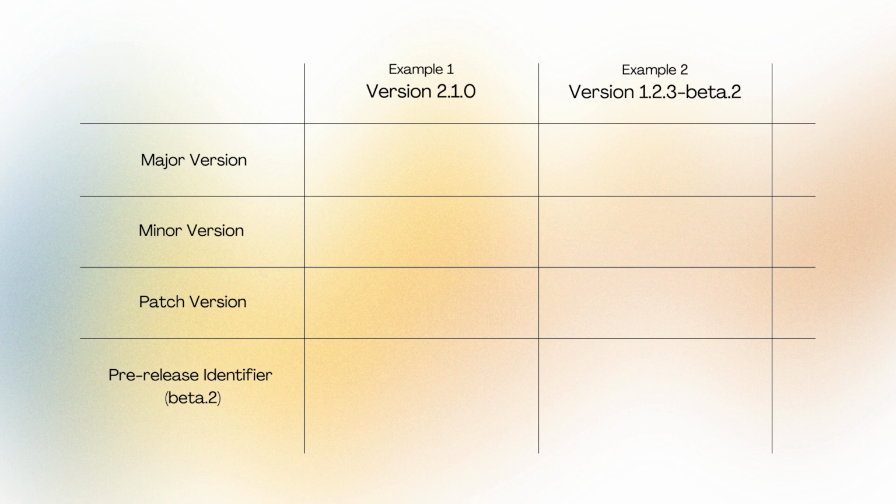Here are a few examples demonstrating semantic versioning using the major version, minor version, and patch formats. Example number 1, we have version 2.1.0. Major version, or number 2, represents a significant update or changes that may introduce breaking changes to your environment.